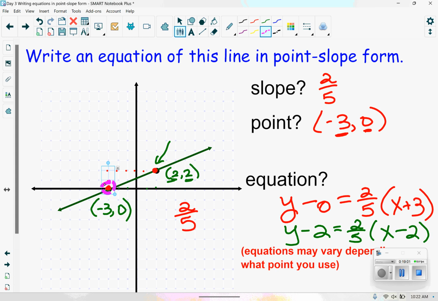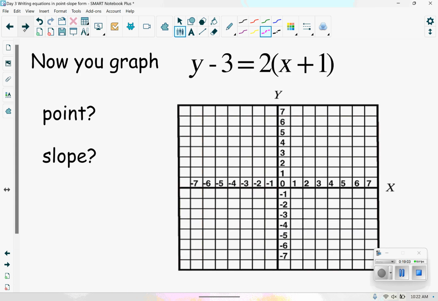Okay. All right. We're almost done. Now given the point slope form, let's graph it. Well, okay, if I'm given the point slope form, what is the point that's staring at you there? Remember, I need a point. Remember, the first one's the x, the next one's the y.